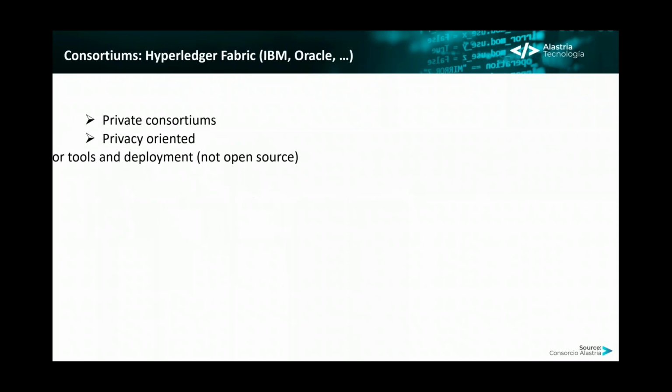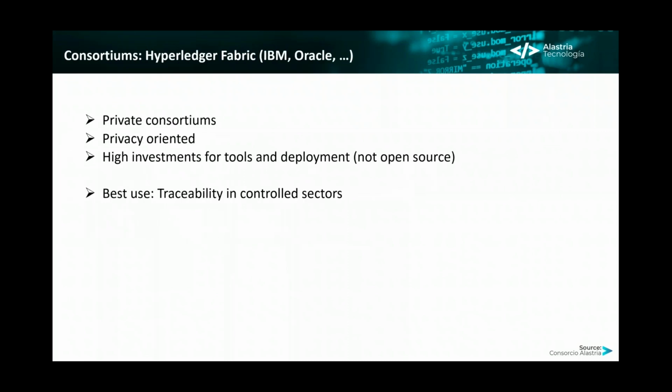Then going to the other type of platform, the private consortiums. You have Hyperledger Fabric as the best technology to use. You can use other ones, as I mentioned before, but it could also be Corda.